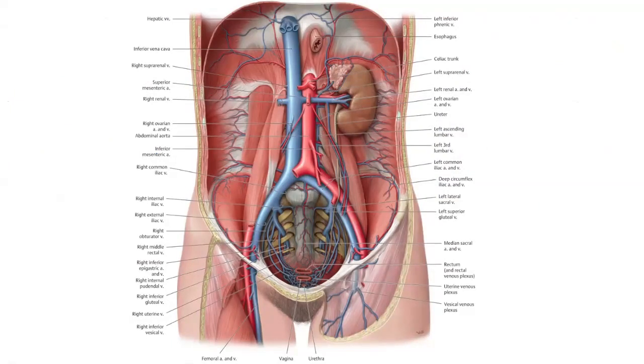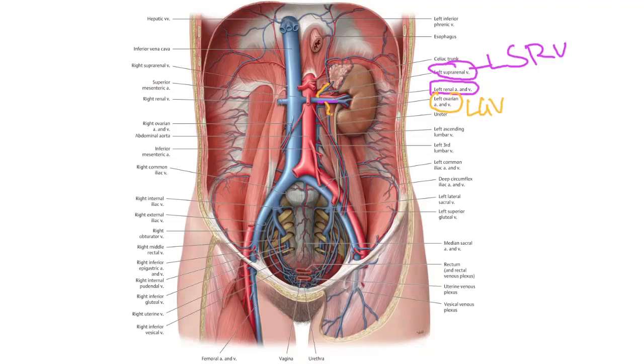You see, this is the left renal vein, right? And the left suprarenal vein is draining into the left renal vein, and also the left ovarian vein, the left gonadal vein.